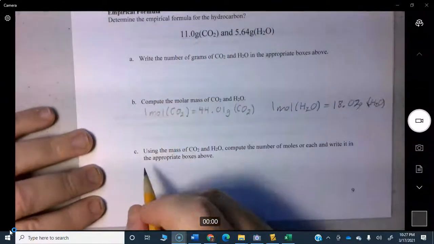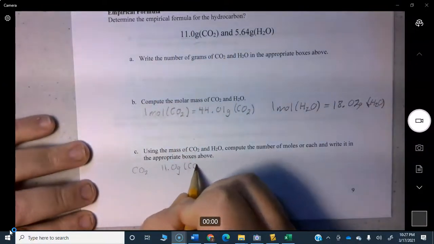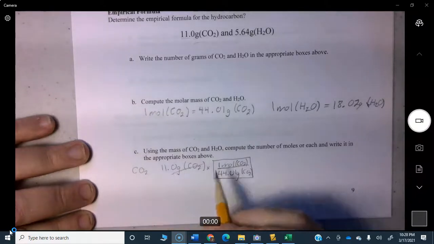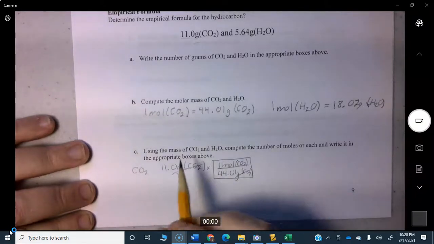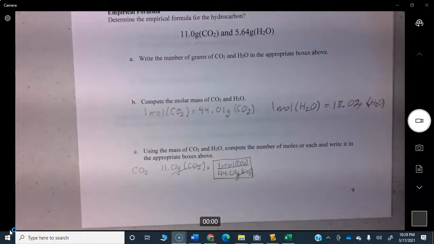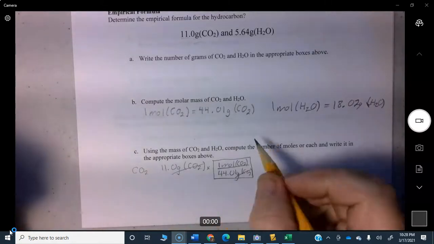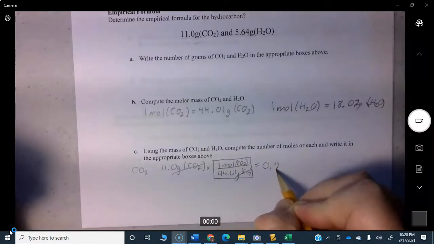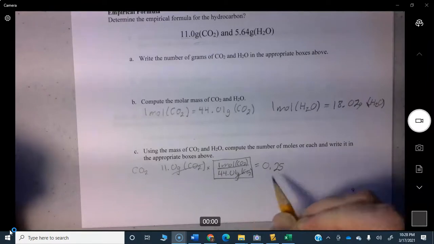All right, so we'll start with carbon dioxide. Grams of CO2 cancels with grams of CO2, and you have 11 times 1 divided by 44.01, and that gives us 0.2499, which we're going to call 0.25.